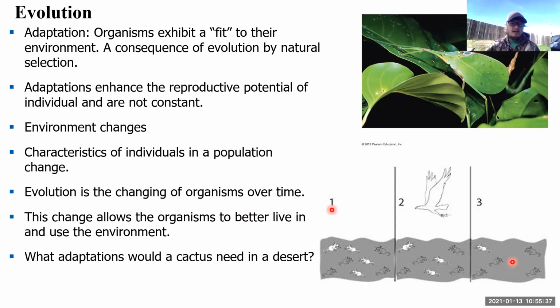For example, you could think about an adaptation that a cactus may need in a desert. Maybe it needs tissues that can store water. Maybe it needs ways to dissipate heat a lot faster and to help keep the tissues cooler, as it's in the solar radiation much more often than, say, an organism that lives in the Arctic or boreal regions of the globe.